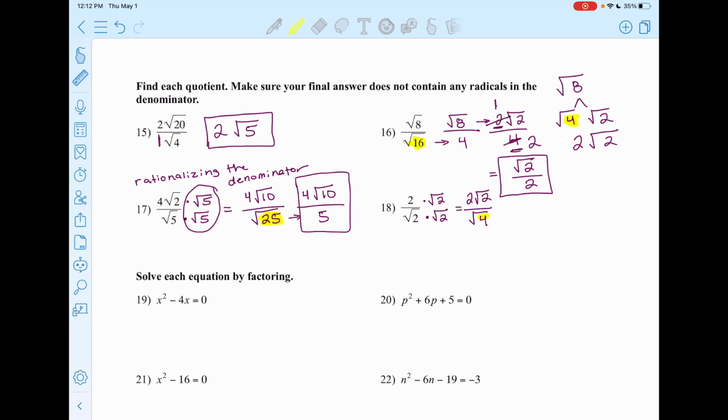And 4 is a perfect square. The square root of 4 is 2. So this turns into 2 radical 2 over 2. Notice how I no longer have a radical in my denominator. And since there's a 2 on the top and on the bottom, those can cancel out, leaving me with just radical 2.